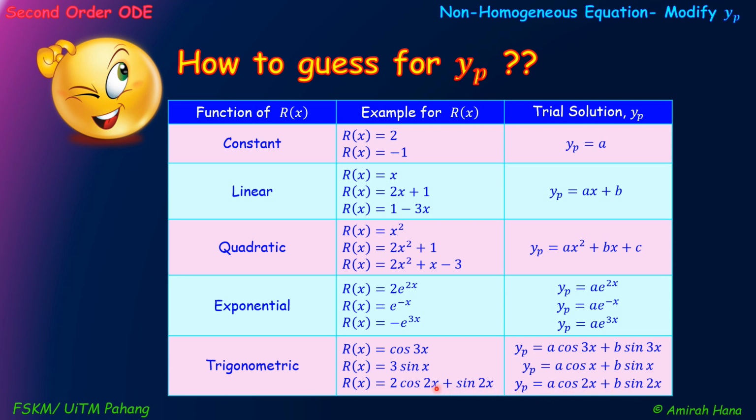We follow the given angle here, which is 2x. In front of cos 2x, we must write constant A, and in front of sine 2x, we must write constant B. And in between must be plus, right?